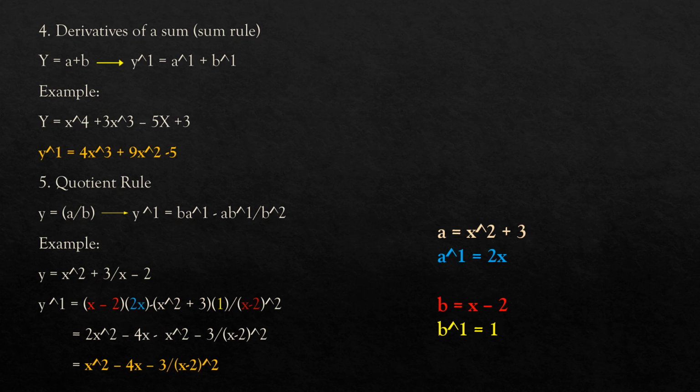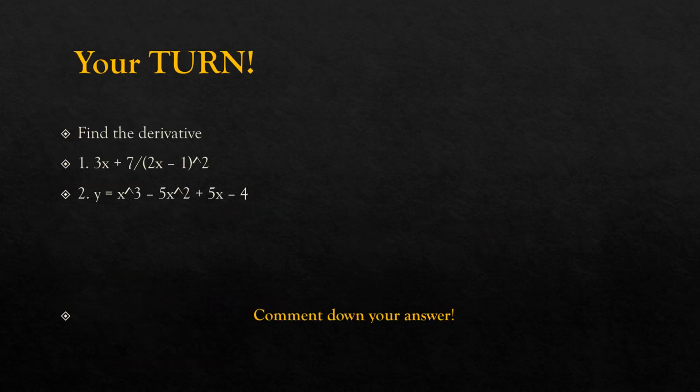Then combine like terms. So 2x squared minus x squared will be x squared, then copy negative 4x and negative 3, over the quantity x minus 2 squared. So the derivative of x squared plus 3 over x minus 2 is x squared minus 4x minus 3 over x minus 2 squared.